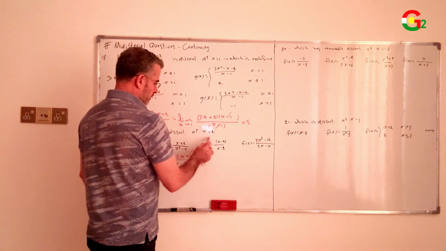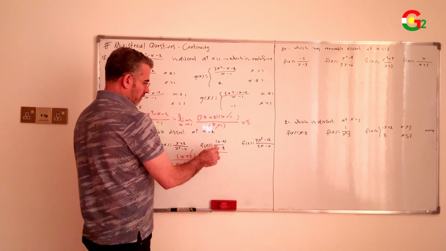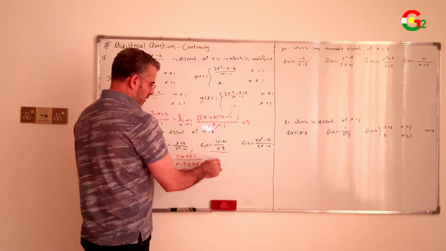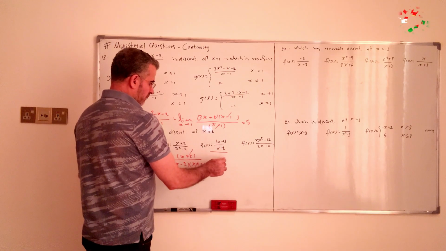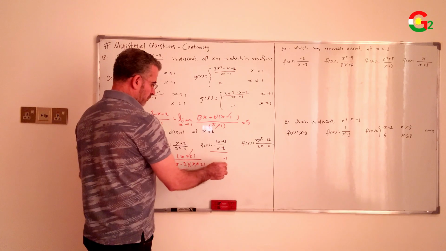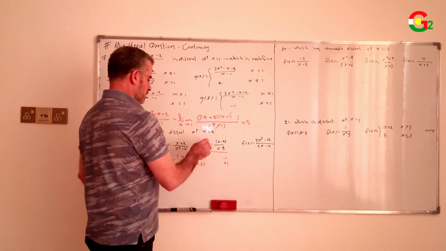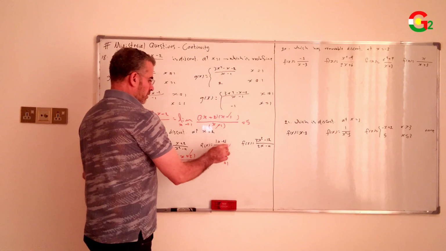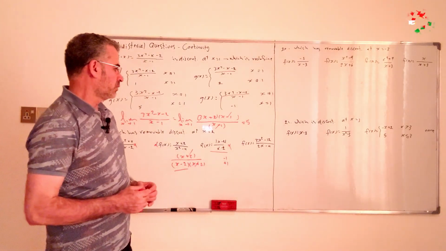For this function, absolute value, we solved many functions of this kind. This function has limit of negative 1 when x approaches 2 from left and positive 1 when x approaches 2 from right. Therefore, this function has no removable discontinuity when x equal 2.